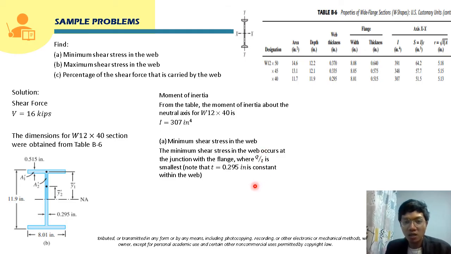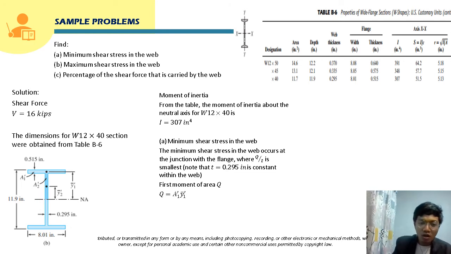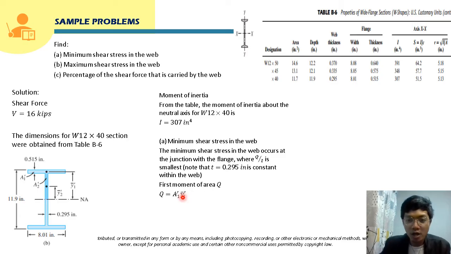Okay. So, to solve for Q, class, for the first moment of area Q, yung kailangan natin is yung A. In this case, class, let's say na itong area ng flange ay area 1 prime. Okay? Ayan. And then, yung distance from the neutral axis papunta dun sa centroid ng A1 prime natin ay Y bar prime.